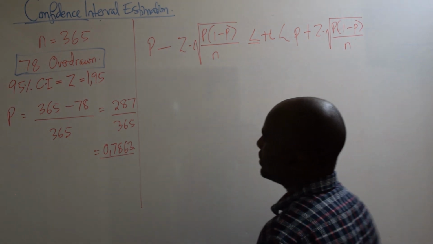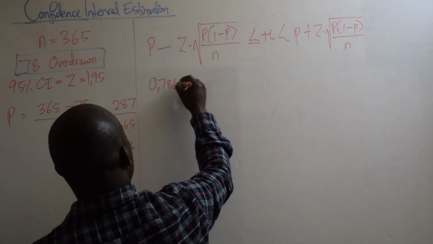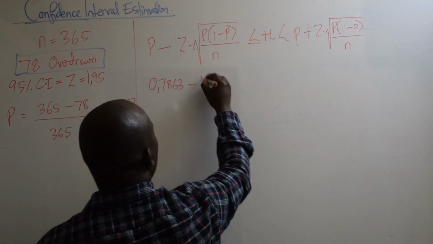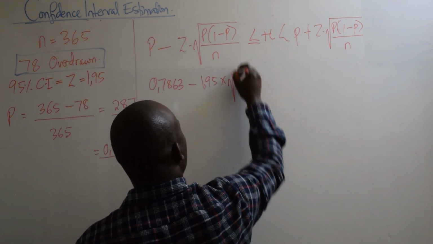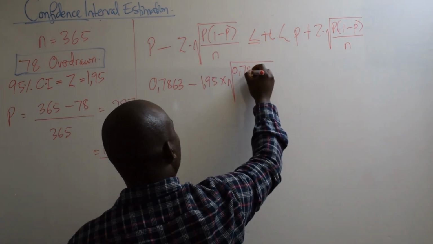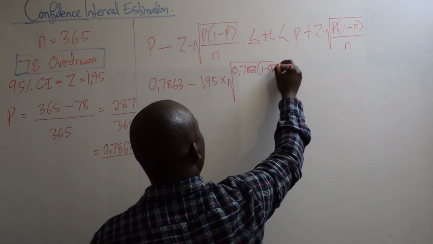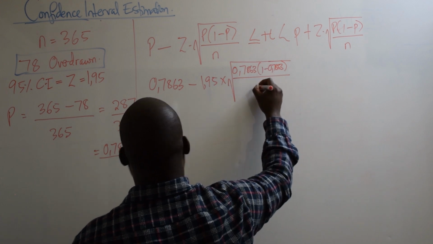Let's substitute. We do have our P is 0.7863 minus the Z 1.95. This is multiplied by the square root of 0.7863, 1 minus 0.7863, all over n.